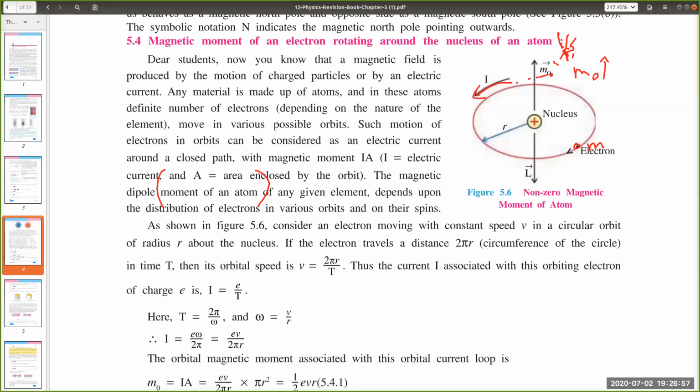When you find angular momentum in class 11th, third chapter, the mass rotates like this and the angular momentum is like that. In this case, if you see from the top, the mass is rotating clockwise, right?